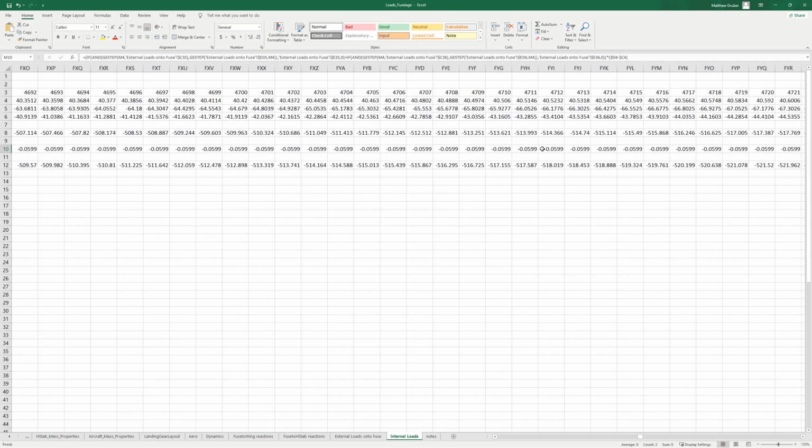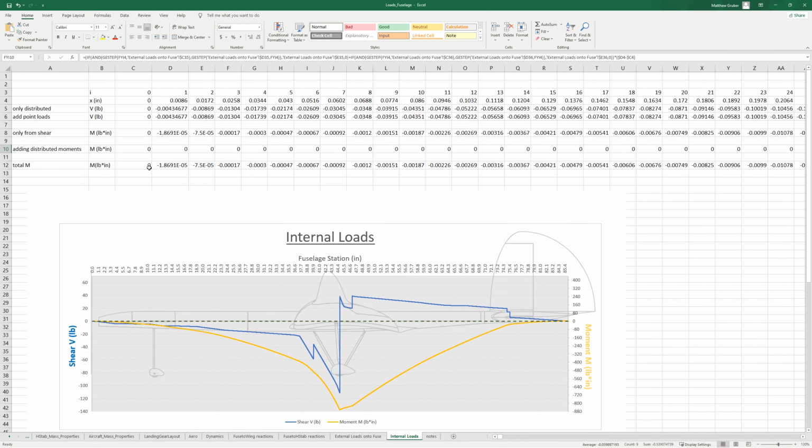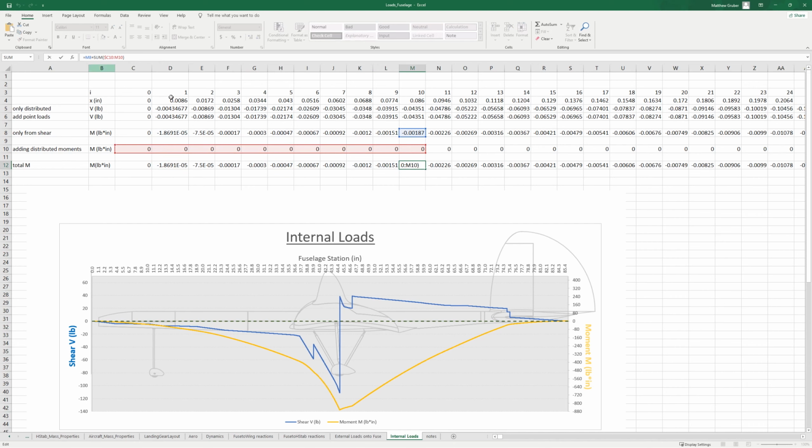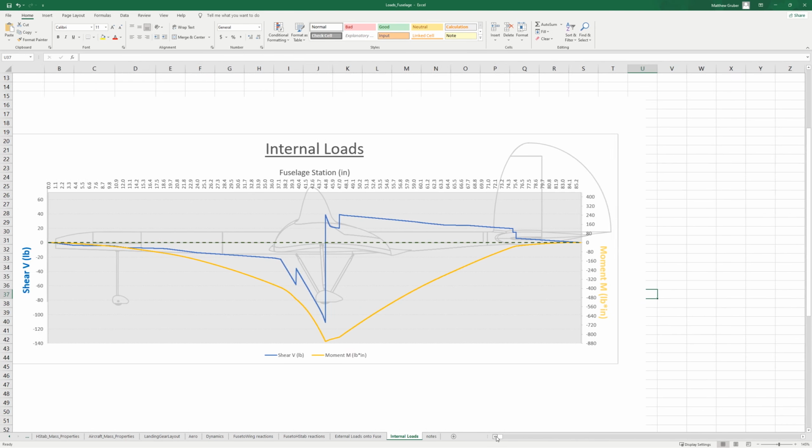And here we go, we see the distributed moment coming in at the wing box. And then we just calculate the moment from the shear plus the distributed moments, and come up with this here, which is the output of this video.